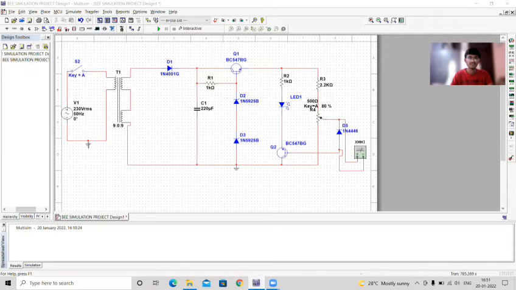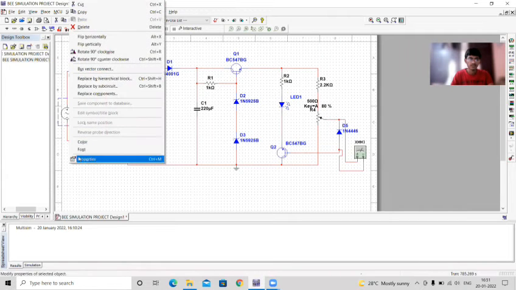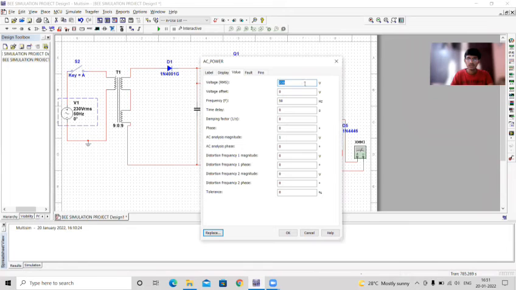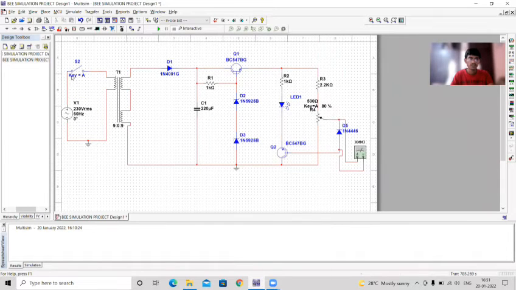So first of all, this is our AC power, which has 230 volt and 50 hertz, which is connected to the key and also ground.